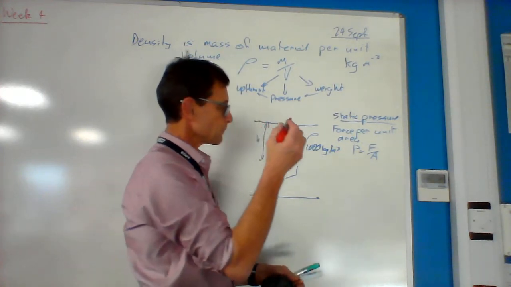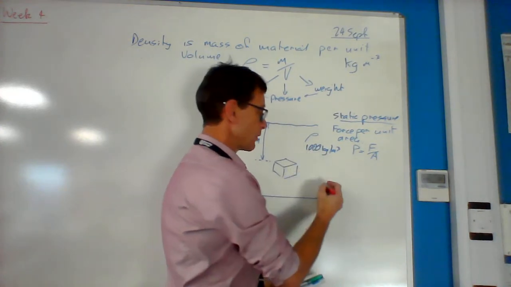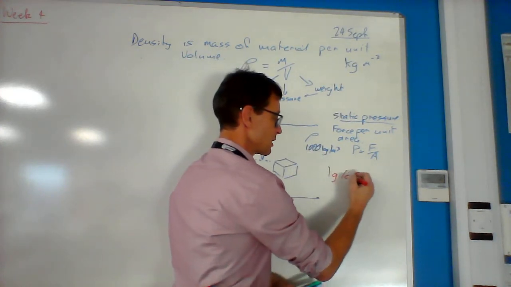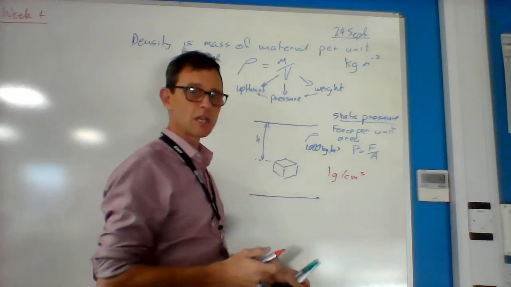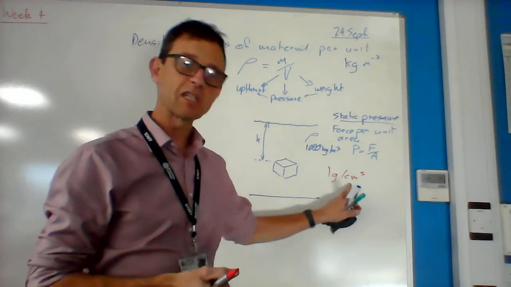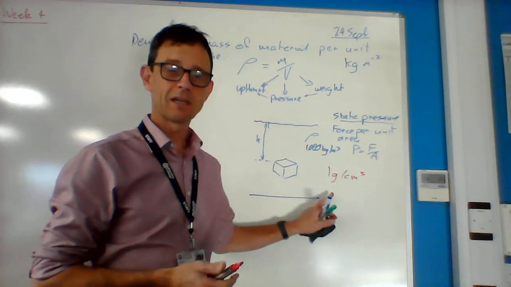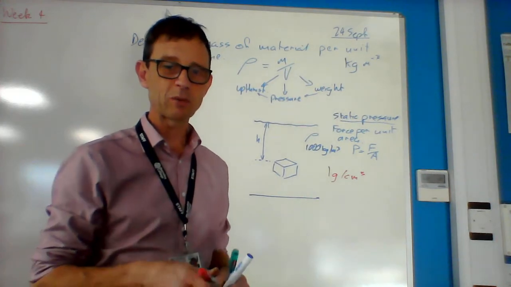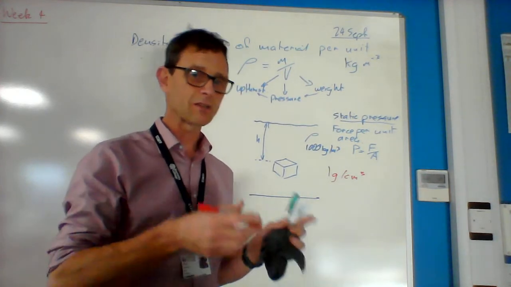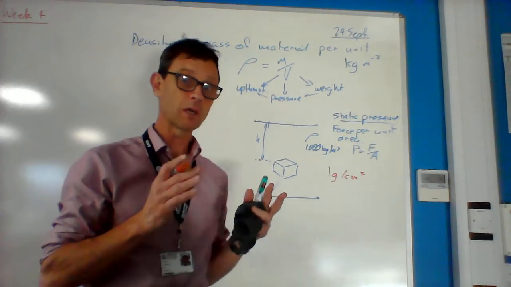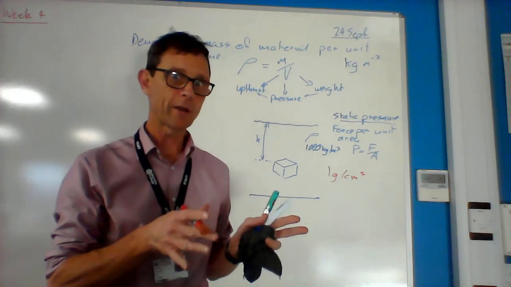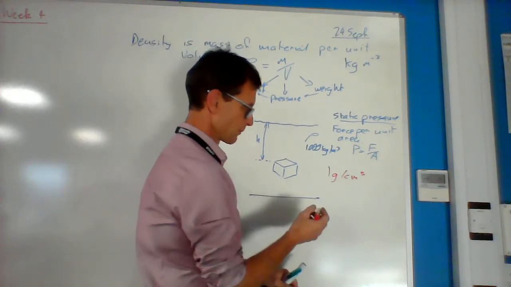So how do we get that? Well, if you go from 1 gram per centimetre cubed, we just need to know very simply how many centimetres cubed there are in a metre cubed. And I had lots of guesses. A lot of people were saying 1,000, a few said 10,000, some said 100. All of them were way off. It's way, way bigger. So how does that work?